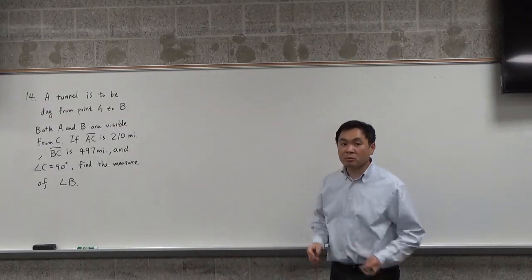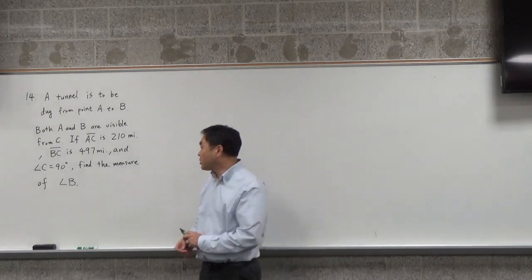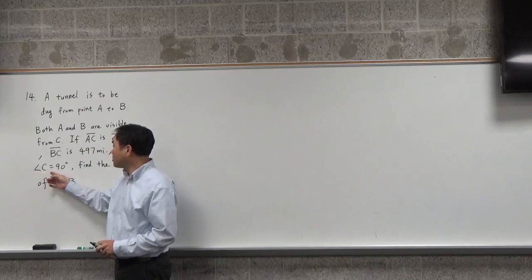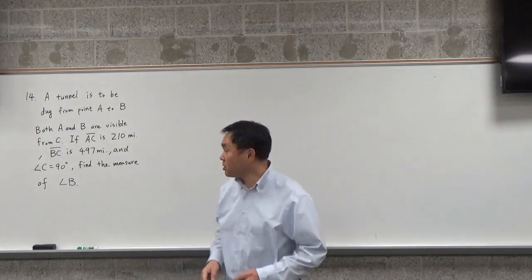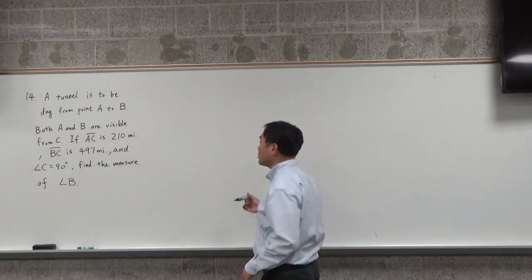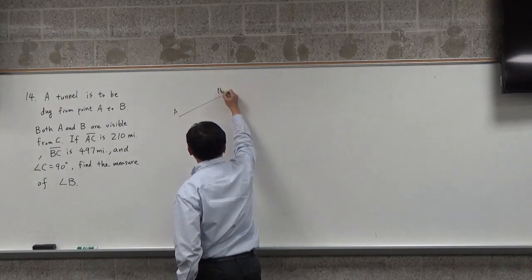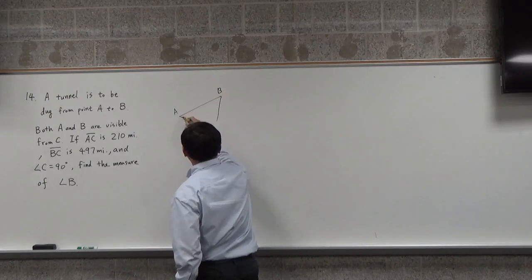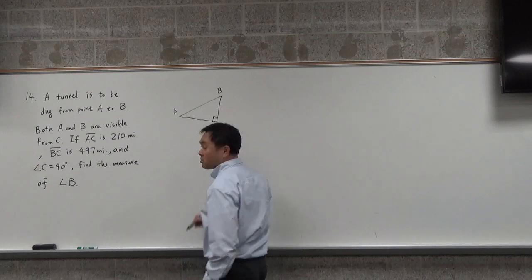Here's another word problem for solving right triangles. This time we know it's a right triangle because one of the angles is given as 90 degrees. That means that we need to draw a triangle where C is the 90 degree one. Let's say this point is A, that point is B, and this point is C, the 90-degree one.